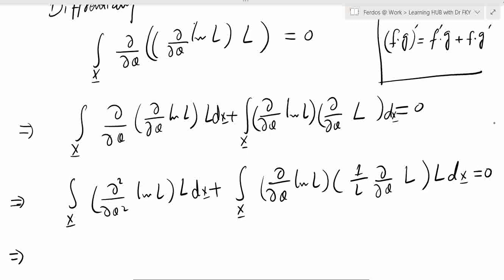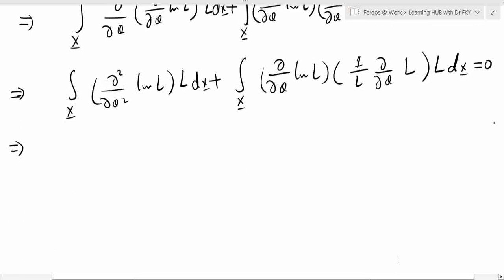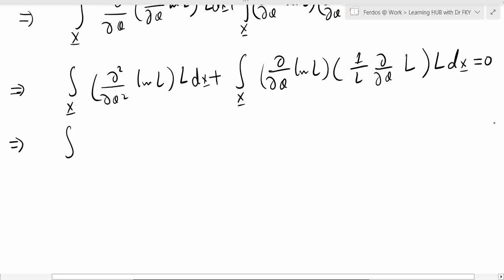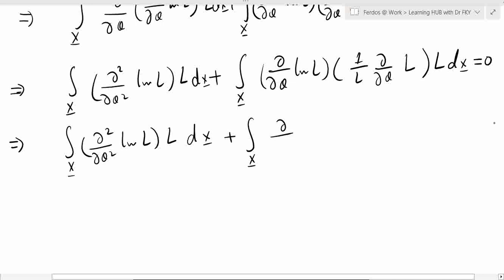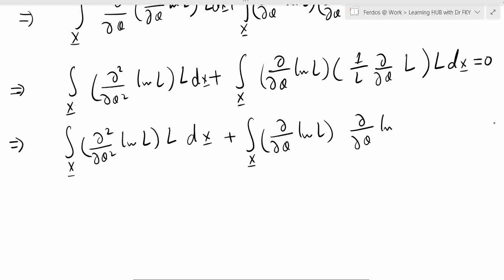So now you can write this. This is okay, this is as it is, the second derivative of ln L dx, plus, now you can write this quantity like this, with natural log L dx equal to 0.